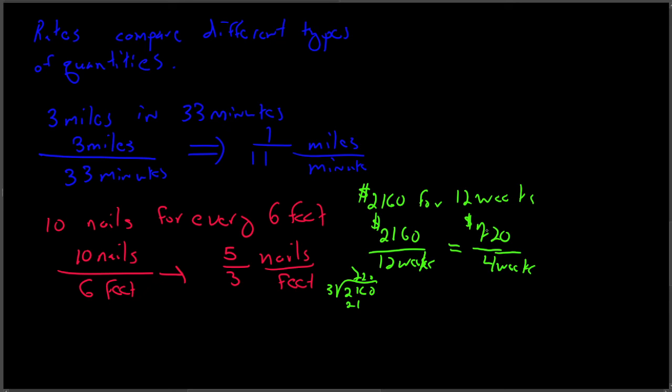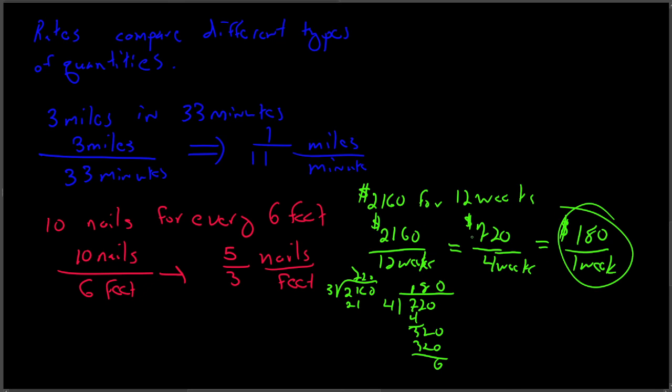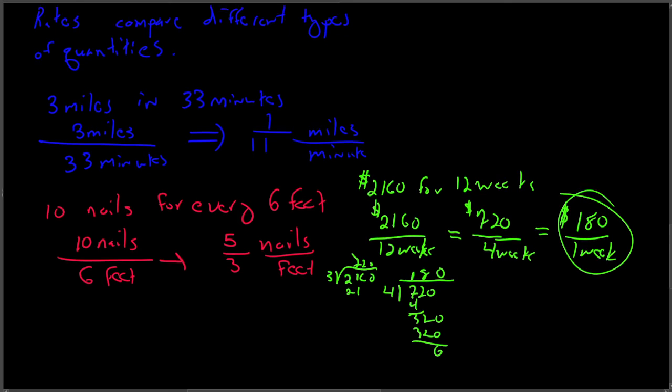So I want to check to see if 720 is divisible by 4. Factoring's fun, isn't it? Yes, it is. 8, and zeros left over, so this gives me $180 per 1 week. And this is actually a nice thing to have. It's telling me how much I need to budget to cover that cost. I need to make sure I have $180 per week.